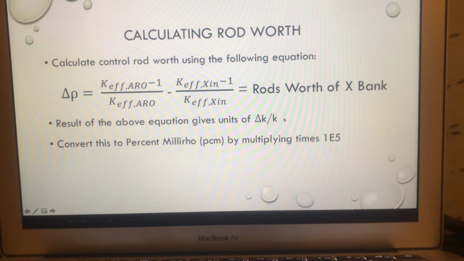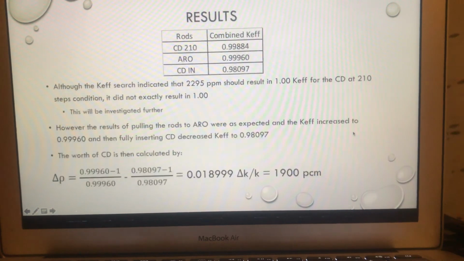This results in units of delta K over K, which is not generally used and reported. That is converted to a unit called percent milli-rho, also known as PCM. To convert delta K over K to PCM, you just multiply by 1 times 10 to the 5th, which is 100 times 1,000: percent is 100, milli is 1,000. So convert that to PCM.